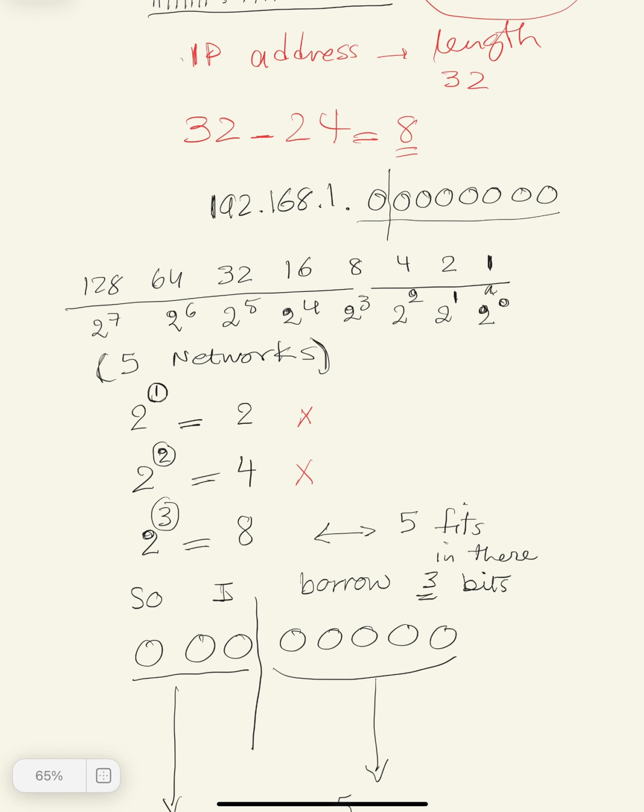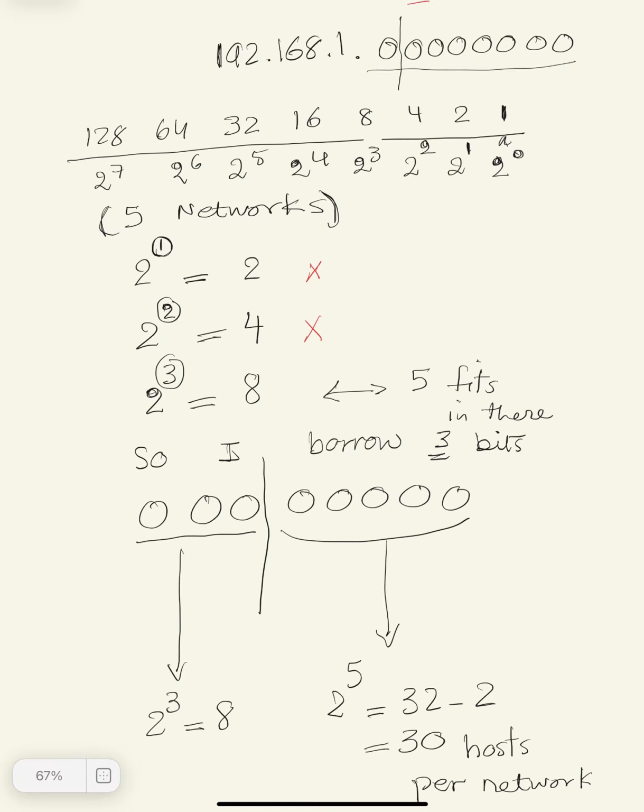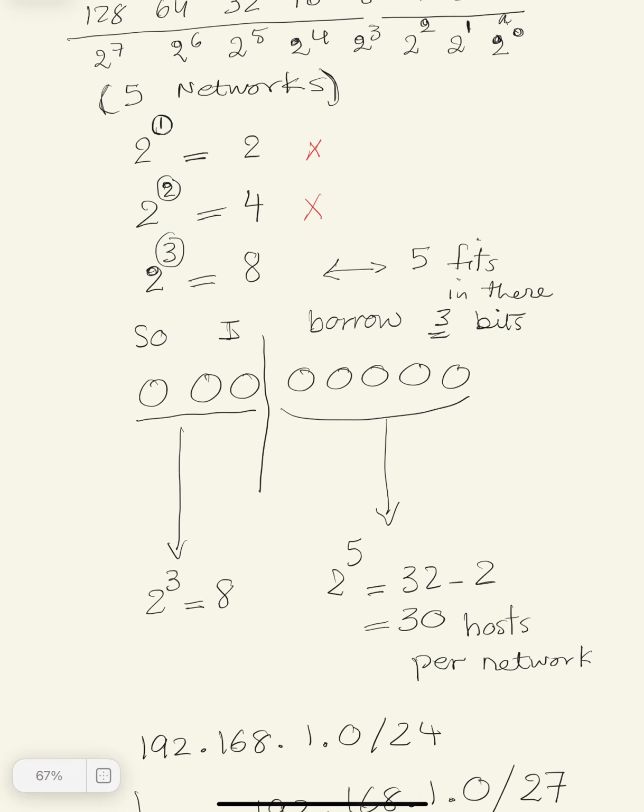So this is not the correct one. If I borrow 2 bits, 2 to the power of 2 gives me 4. So 4 networks is not enough. 5 doesn't fit in that. But if I borrow 3 bits, 2 to the power of 3 is 8. So therefore, the 5 networks of my requirement in this example fit in here. So I borrow 3 bits.